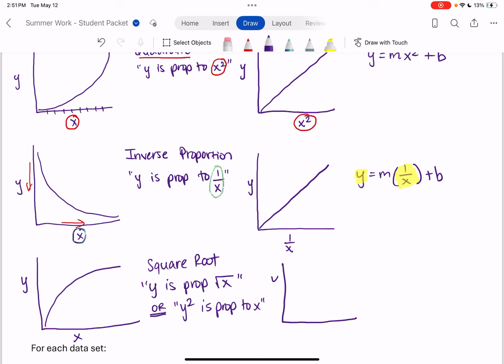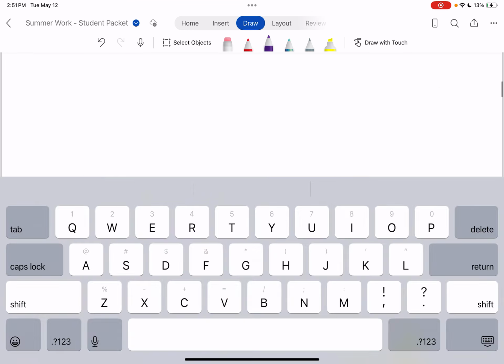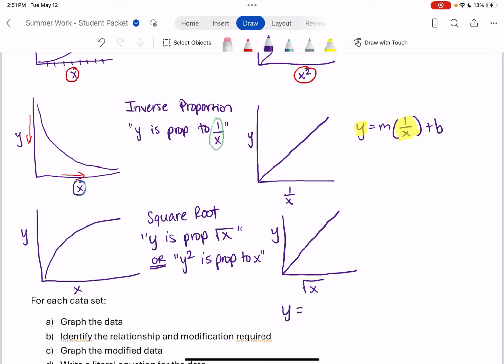Think about what that means we need to graph. We need to graph y and the square root of x to get a straight line. That would be y equals m times the square root of x plus b.